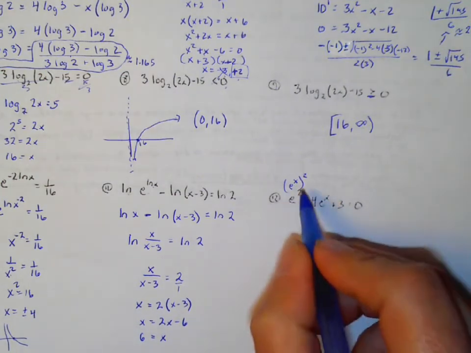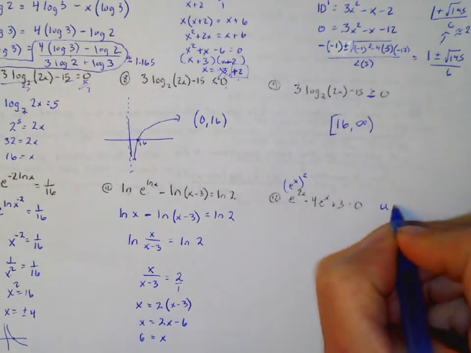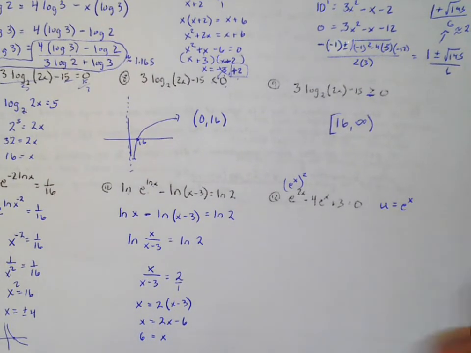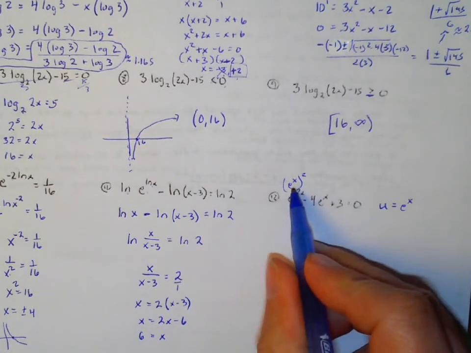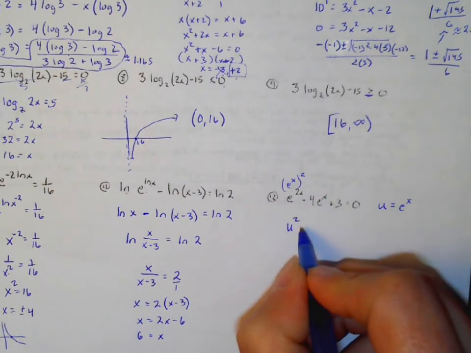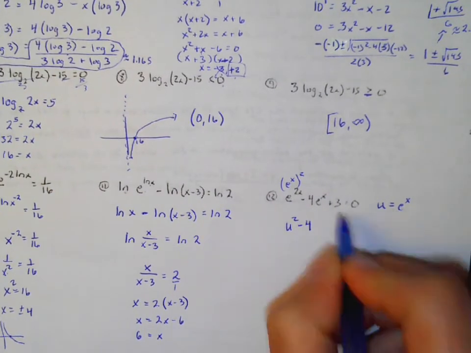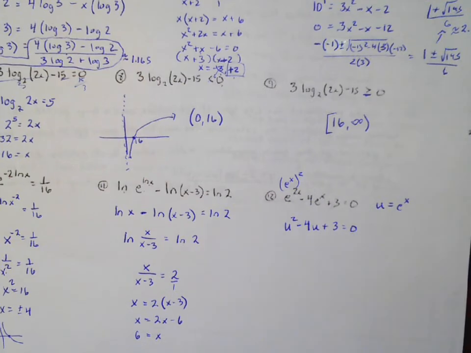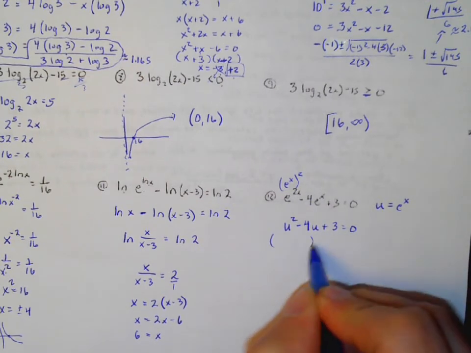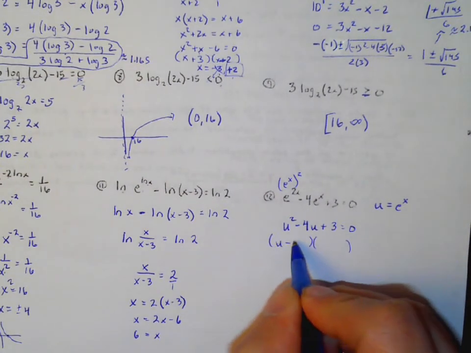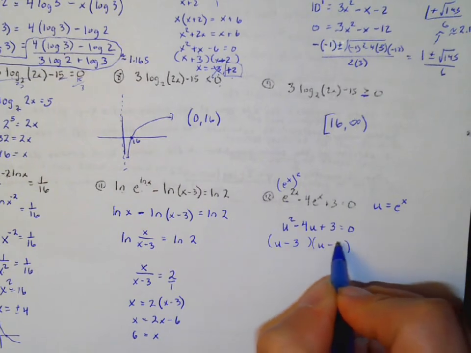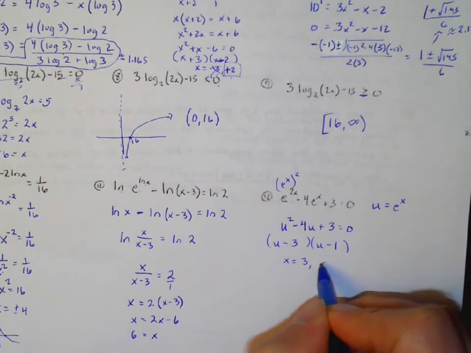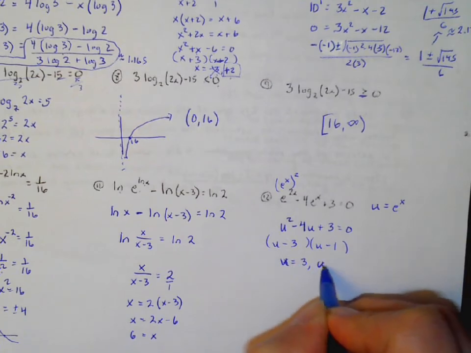So basically, let's say u is what e to the x is. So really I have u squared minus 4u, e to the x is a u, plus 3. Now I have a basic quadratic to solve. Sorry, not x, but u.